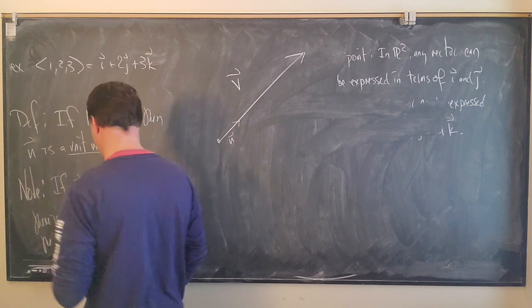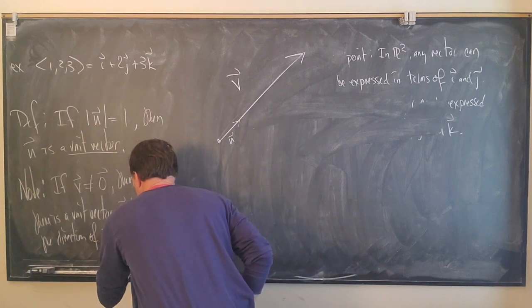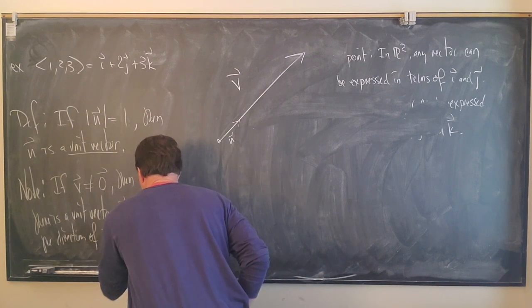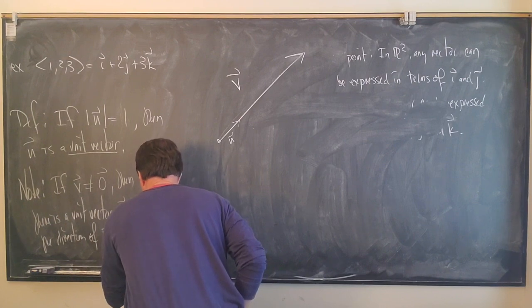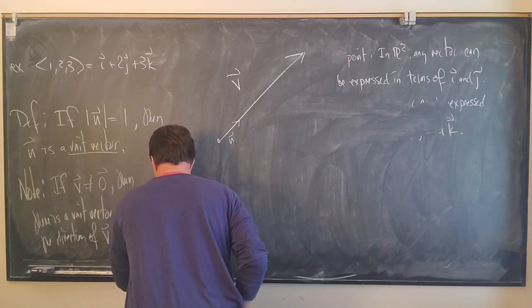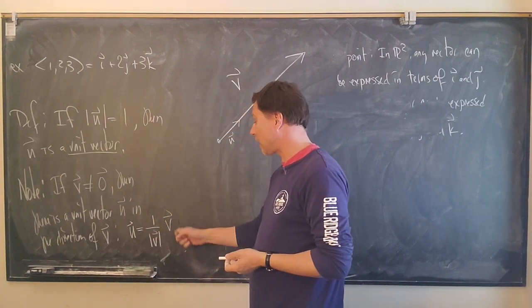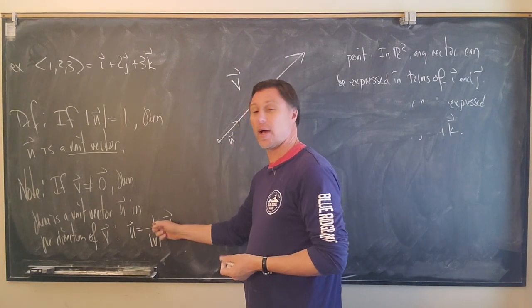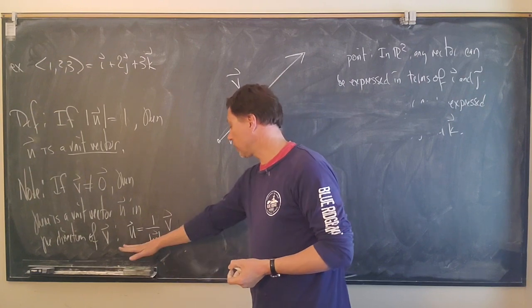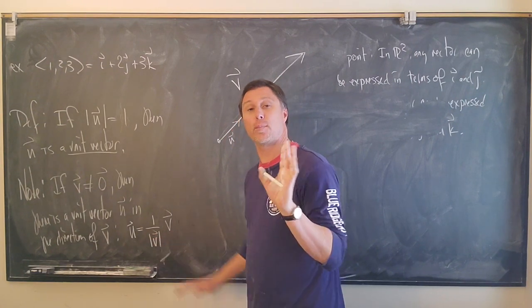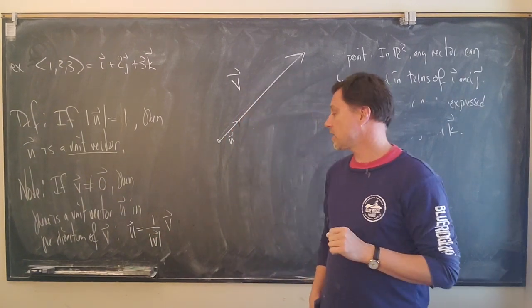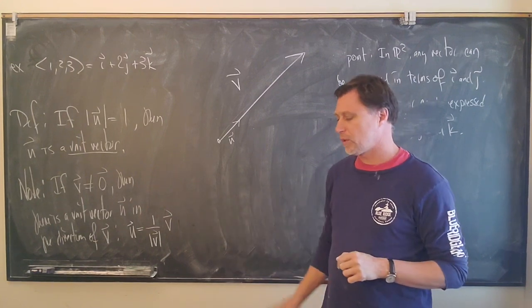And who is that? u is found by doing 1 over the length of v times v, right? So it's going to be a scalar multiple of v, and how do you get the right length? You just divide by the length of v. So guaranteed, this produces a unit vector that points in exactly the same direction as v. And we'll need this formula, we'll need this fact later on.